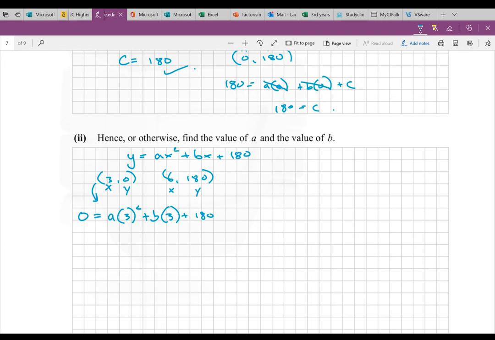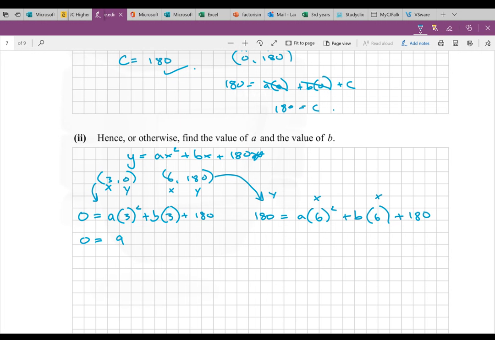So this point is for this equation, and then this point here, (6, 180), is for the next equation. So y is now 180. a times 6 squared plus b times 6 plus 180. So I'm subbing in for x and for y from this above equation here.